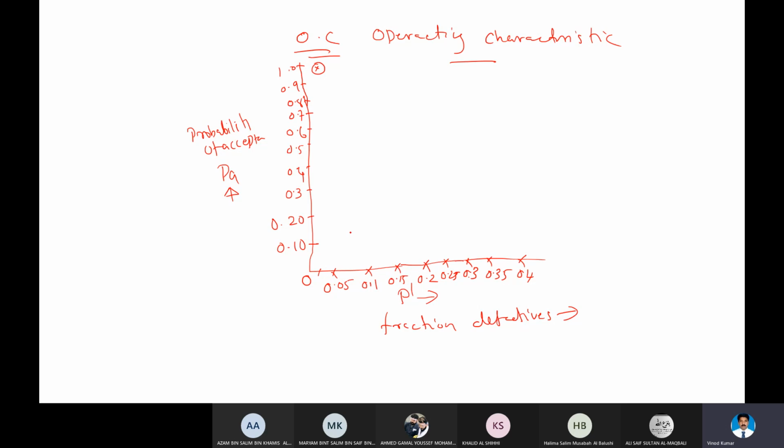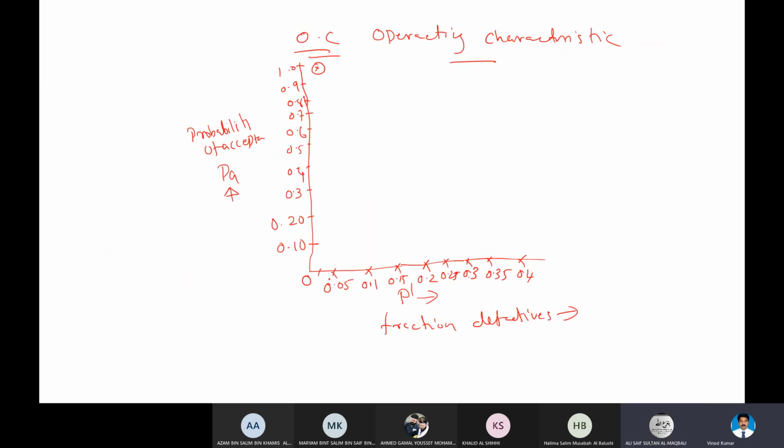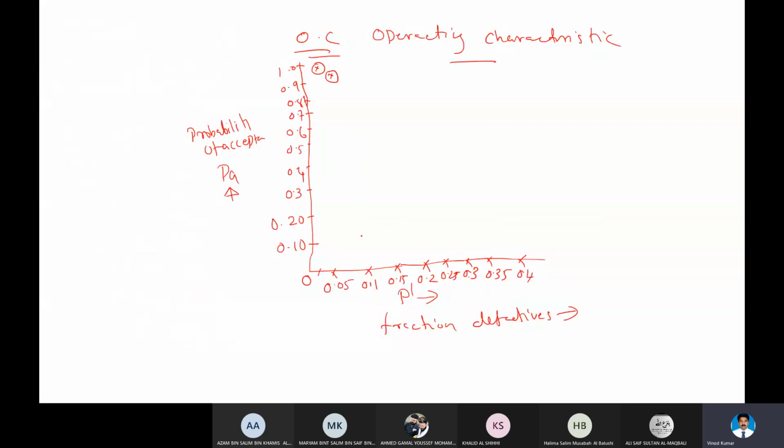Is that clear? Now the second is 0.04, 0.95. So 0.04 is here, 0.95 is closely here. Now the third is 0.09, 0.73. 0.09 is here, 0.73 somewhere here.